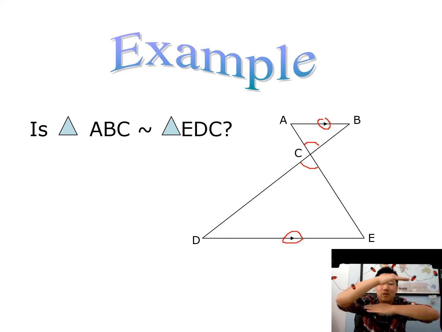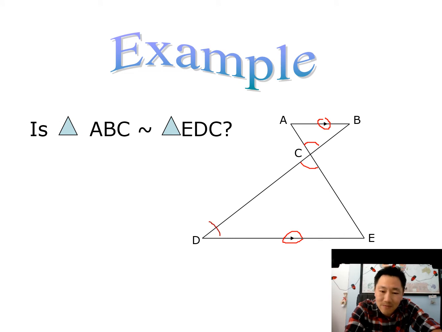Whenever we have arrows, that means we have parallel lines, and whenever we have parallel lines cut by a transversal, we got a ton of vocabulary words. And it turns out that because those lines are parallel, these two angles are equal. They're alternate interior angles. And so when you have parallel lines, you are allowed to mark those, and so that gives us angle, angle.